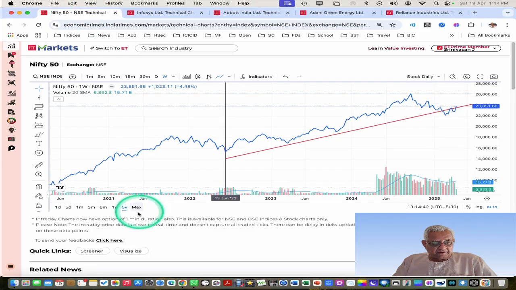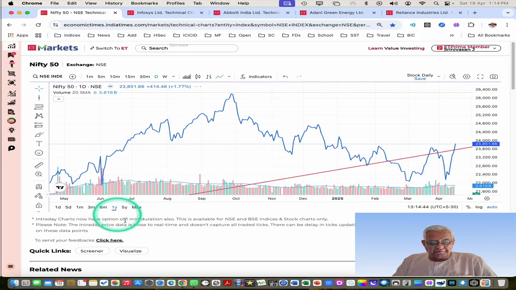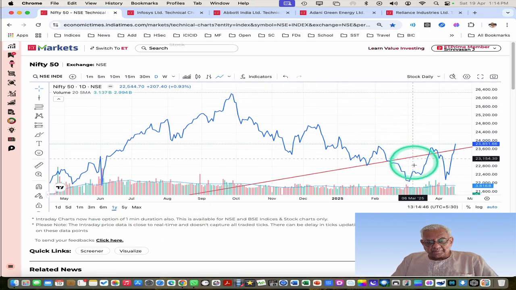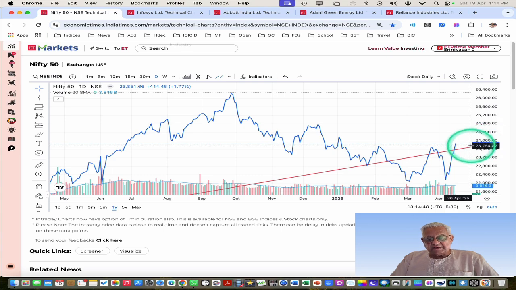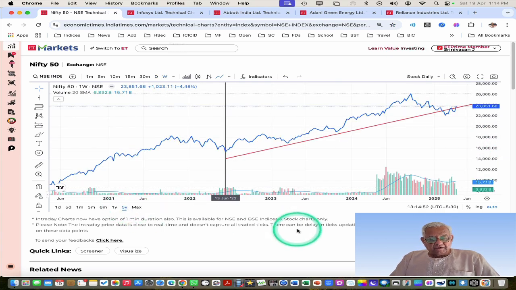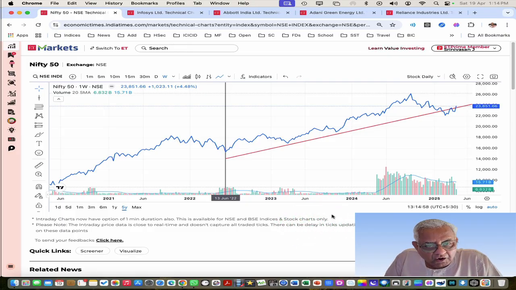Whereas if you look at the 1-year chart of Nifty, it has gone up, come down, but it has retraced to its trend line. So this is how a basic price chart has to be looked at. We also saw moving averages, which I will now dwell on in some detail in the next session.